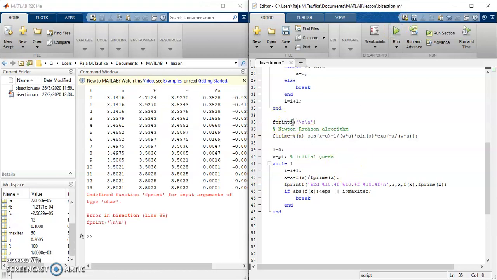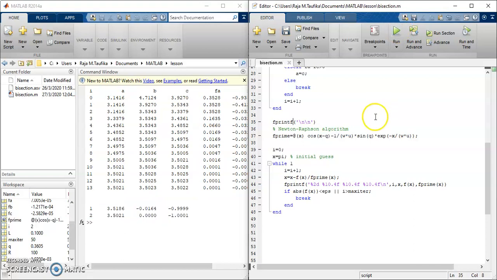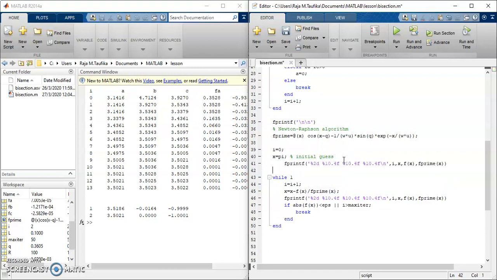My apology. So this is the results, but I missed out listing the initial value. So I think I have to copy this and put it just before the while loop and rerun the algorithm. So I have this. This is the result for the Newton-Raphson, which is relatively faster convergence as compared to the bisection.